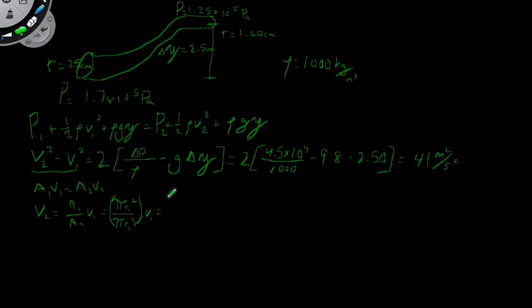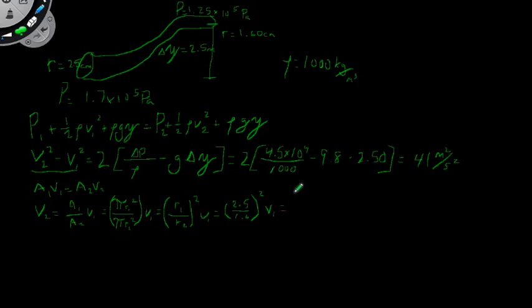Okay, so I can cancel out my pi's. No pi, so r1 divided by r2, radius, and that is squared times my velocity 1. Almost there, kids. And then if I think back to what actually my radiuses are, I just take my 2.5 divided by my 1.6, square that, and multiply that times v1.